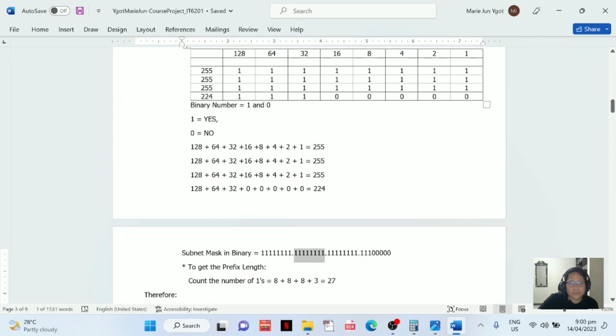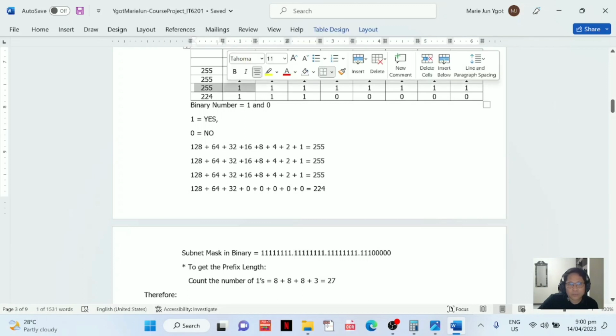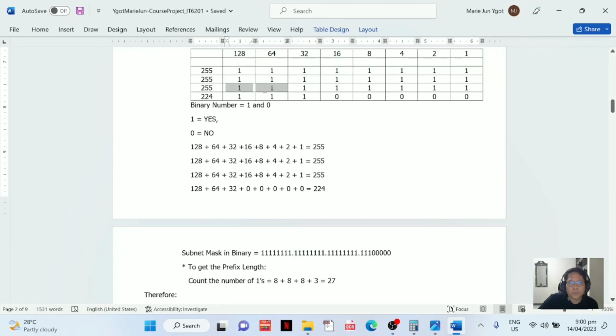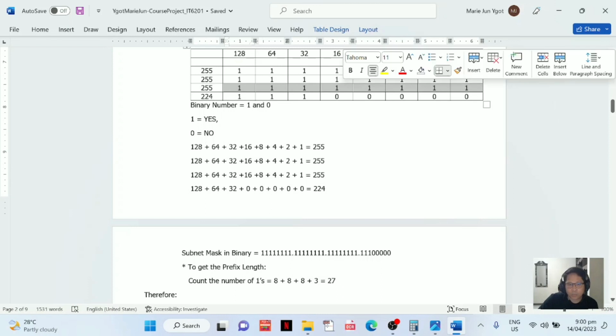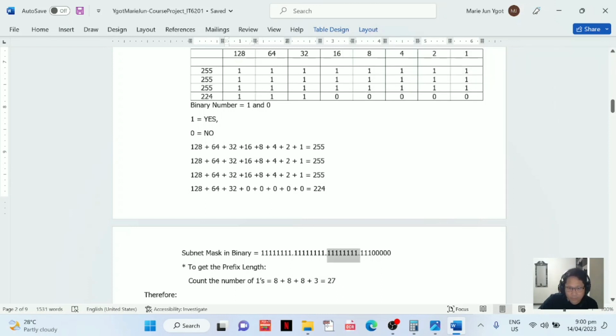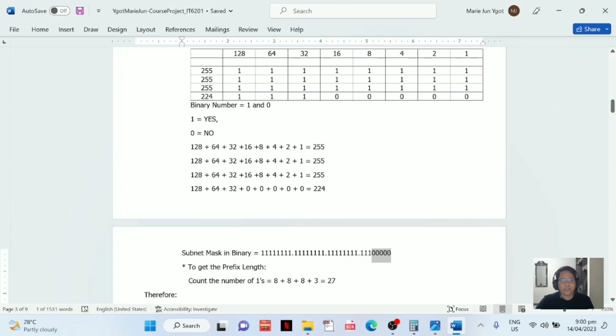On the third octet, we also have 8 ones. And on the last octet, we only have 3. So 1, 2, 3, and the rest is 0, like this one. Okay?